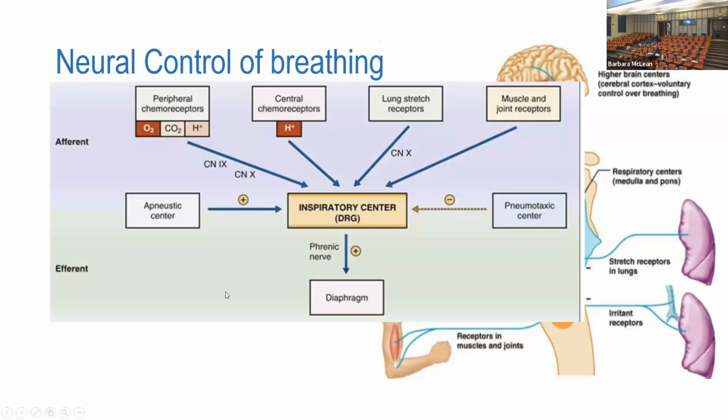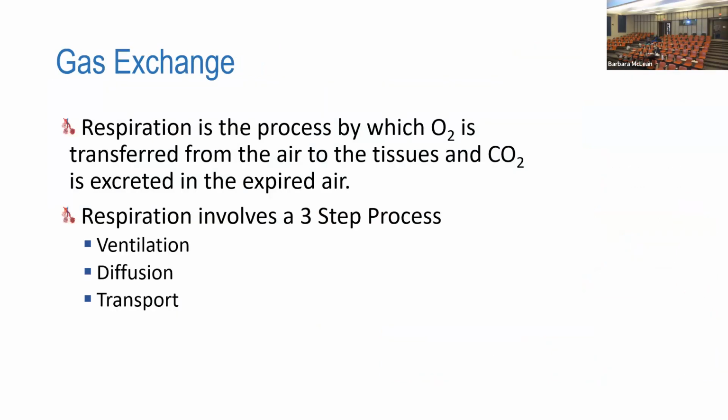So again, remember you have peripheral chemoreceptors, you have central chemoreceptors, and typically we're going to say CO2. It's really the presence of acid, but it's CO2, and how much your lung tissue is being stretched, how much oxygen is being utilized at your tissues. So it's a multifactorial control of your inspiratory center.